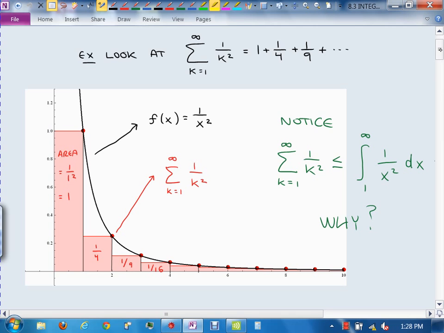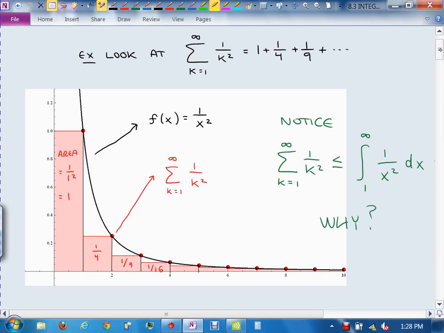Why does this rectangle have an area of 1? How high is it? It's 1. And how wide is it? 1. Okay, now if I want to add this rectangle, how high is it? Plug 2 in, you get 1/4. How wide is it?